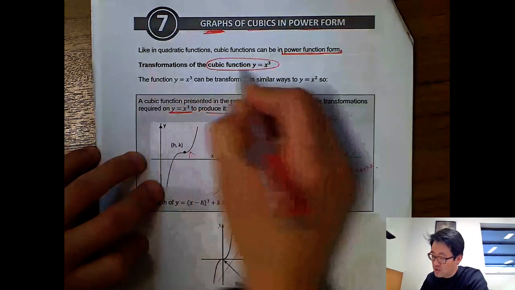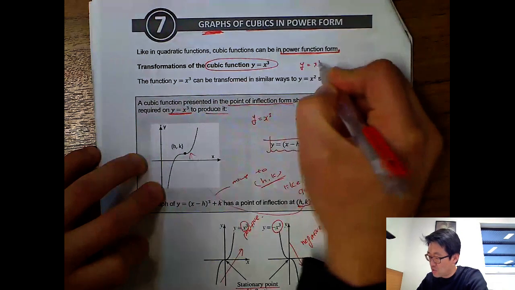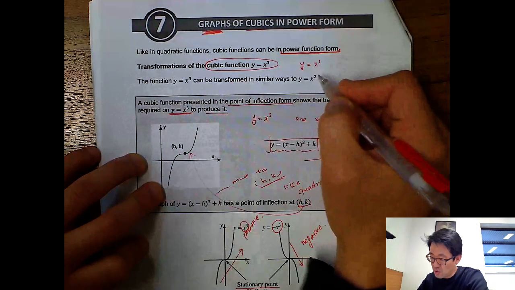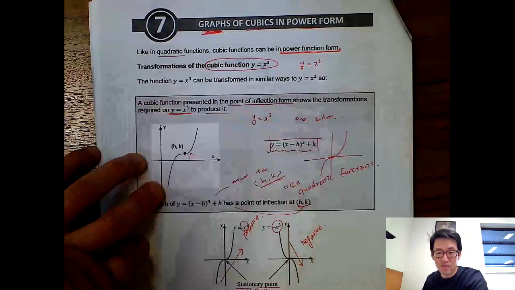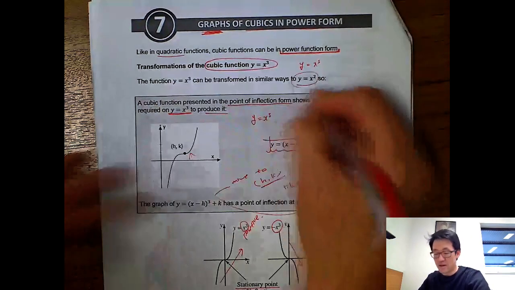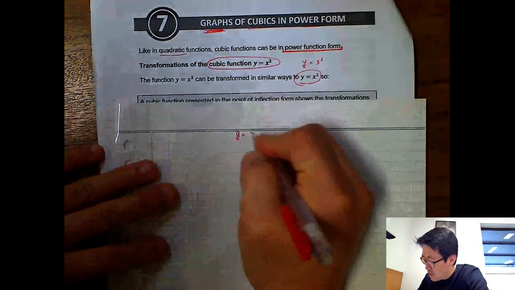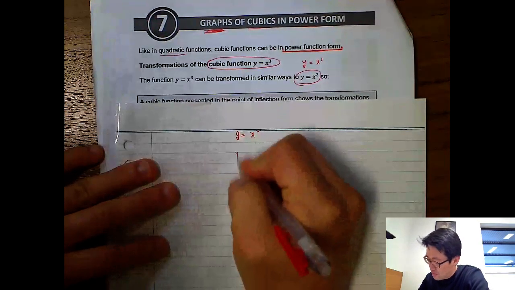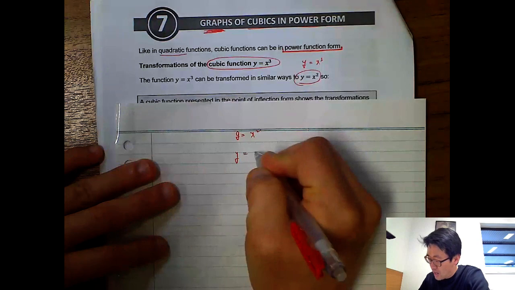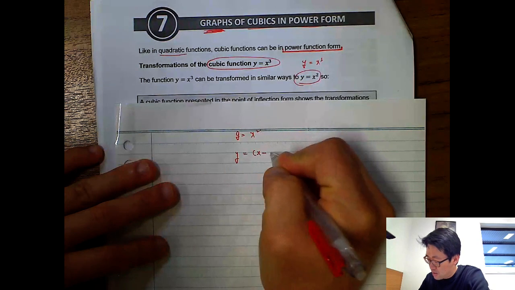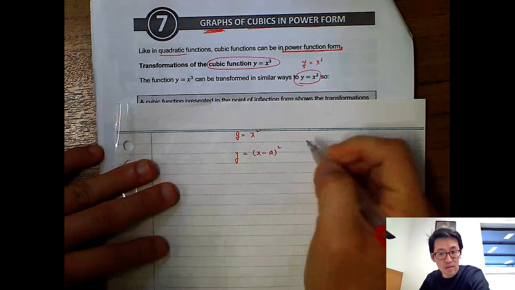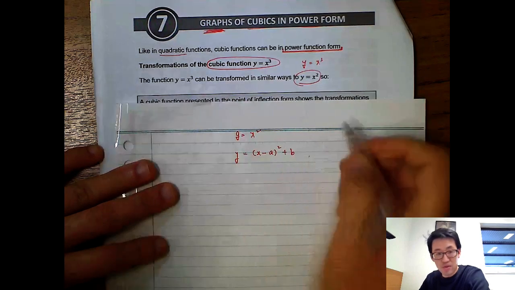Transformation of the cubic function y equals x cubed is very similar to the quadratic function. Think about quadratic. Y equals x squared. If we move x, we move it to y equals (x minus a) squared plus b, wasn't it?